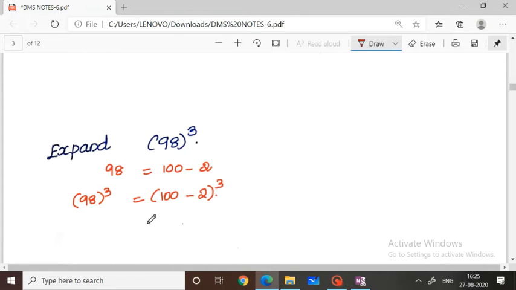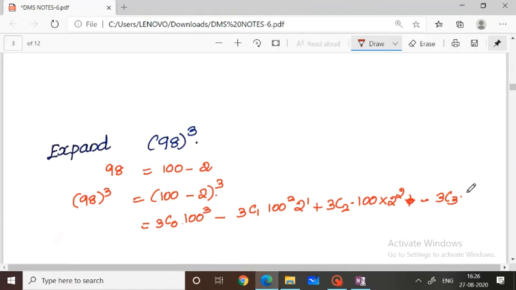So applying the binomial theorem, the first term is 3c0 100 raised to 3, minus 3c1 into 100 square into 2 raised to 1, plus 3c2 into 100 into 2 raised to 2, minus 3c3 into 100 raised to 0 is 1 into 2 raised to 3.